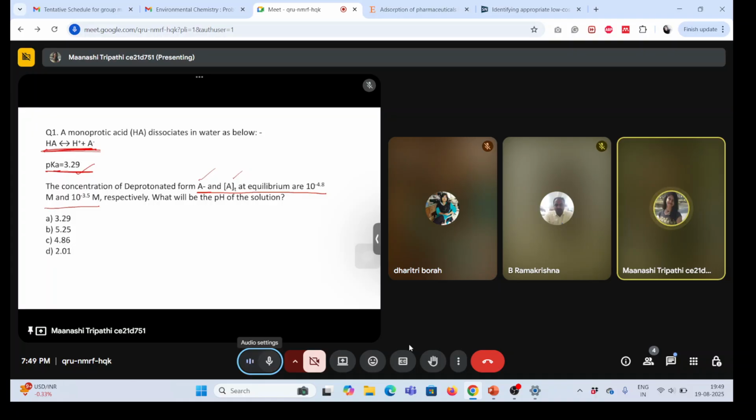You can give your answer in the chat box. Next week, we'll study the equilibrium diagram in detail.